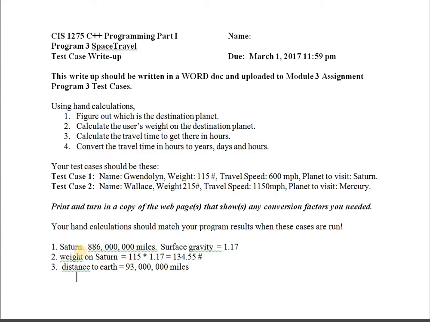So the distance from Earth to Saturn is going to be 886 million minus 93 million. And that's a total of 793 million miles.